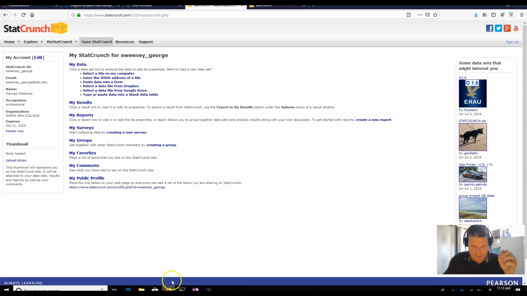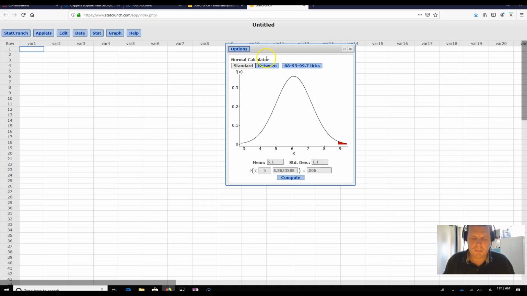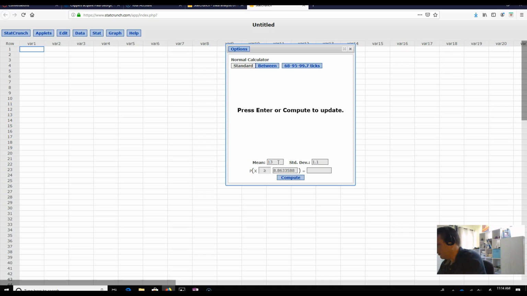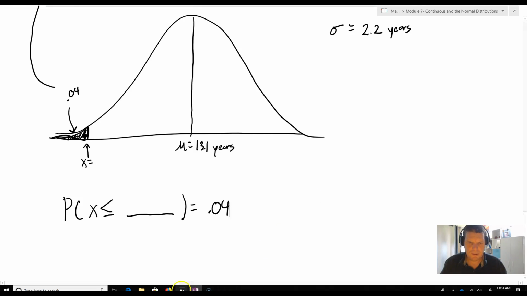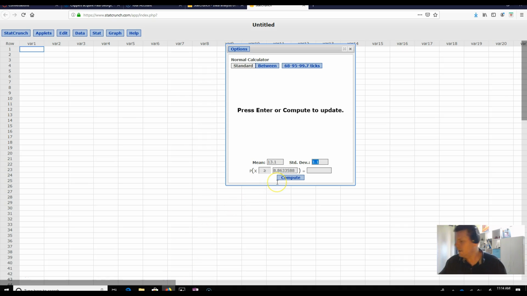Now I go into StatCrunch, and here's my normal distribution calculator. My mean is 13.1. My standard deviation, getting old so I forgot, is 2.2. Make sure that you put in the right values.